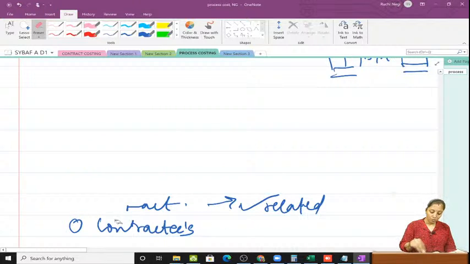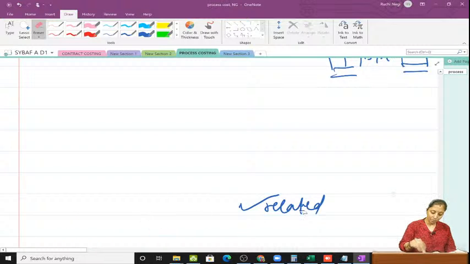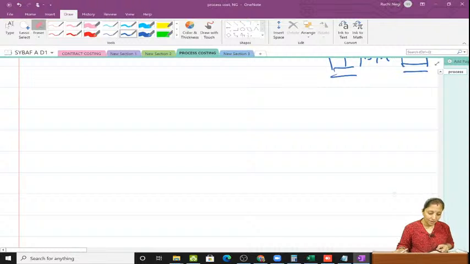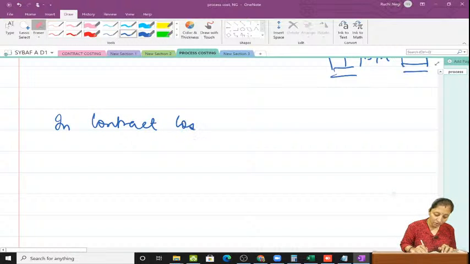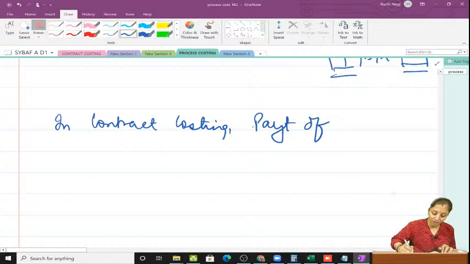ये हमने किया था सम्स में. और क्या इम्पोर्टेंट एलिमेंट किया था हमने? One more important part in our question was, just pay attention. In contract costing, payments, ये भी हमने डिस्कस किया था, कैश रिसीव वाला.